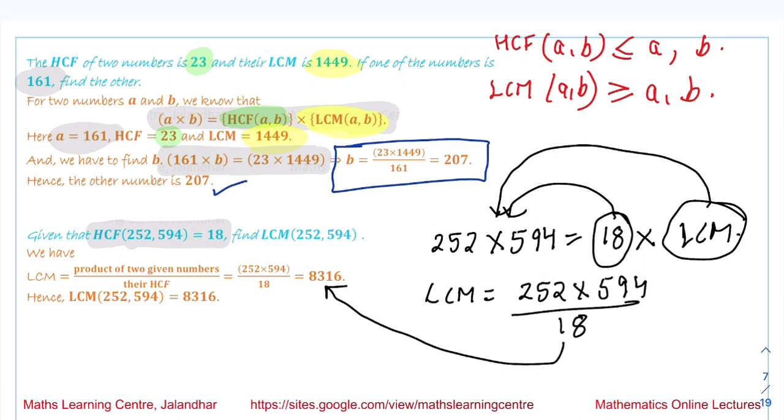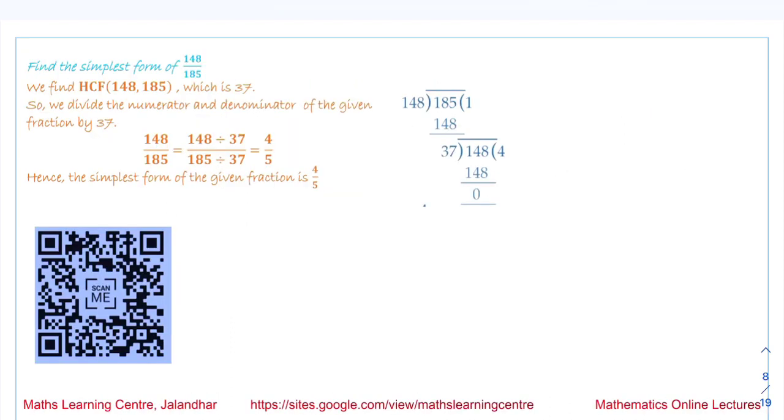Next is find the simplest form of 148 over 185. So to find the HCF of both these numbers, what we have done is we have divided 185 by 148. The quotient is 1 and the remainder we are left with is 37.